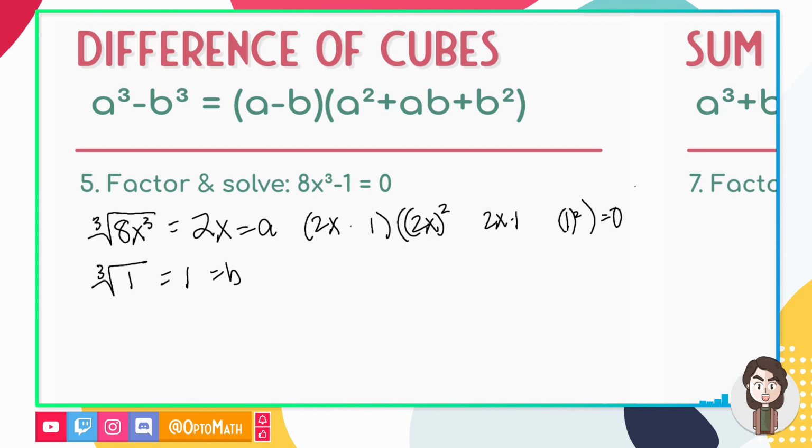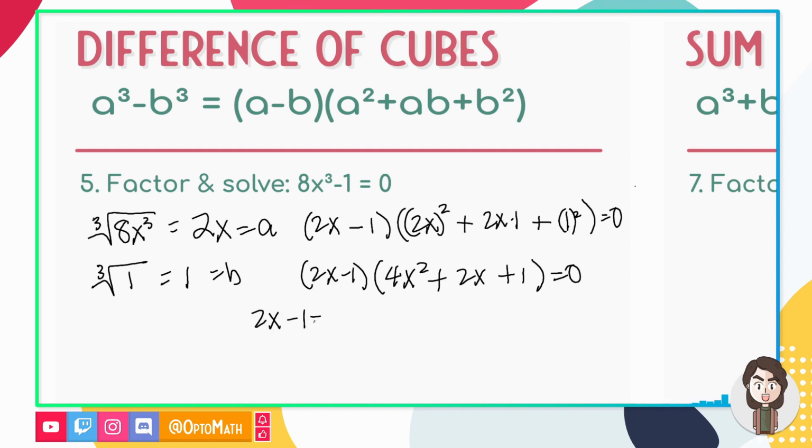Now let's figure out the signs that go here. It's the same sign, so it's minus, then it's opposite, so it's positive, then it's always positive. So 2x minus 1, 2x squared, the quantity of 2x squared is 4x squared. Then we've got 2x times 1, which is 2x, and then we've got 1 squared, which is 1. So here is our factored form. We do need to solve this.